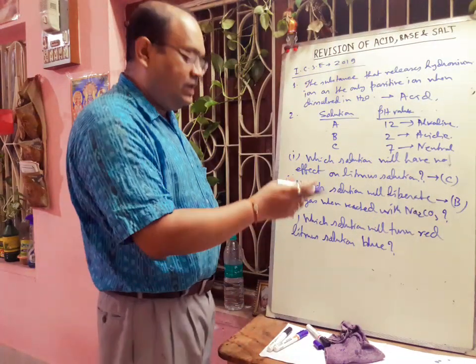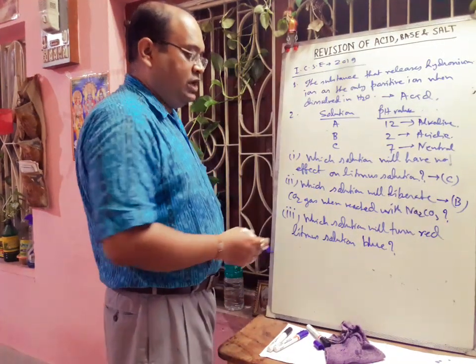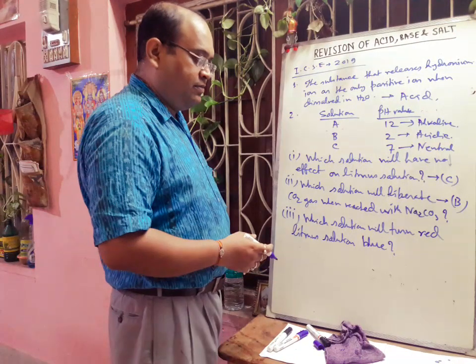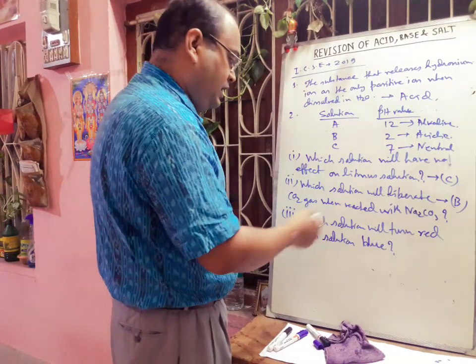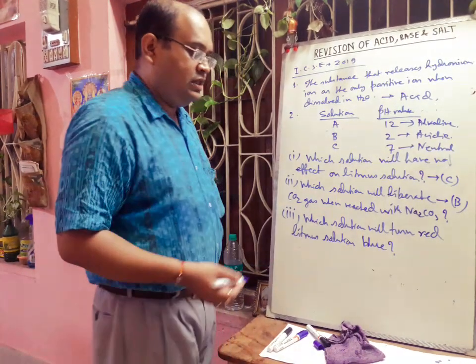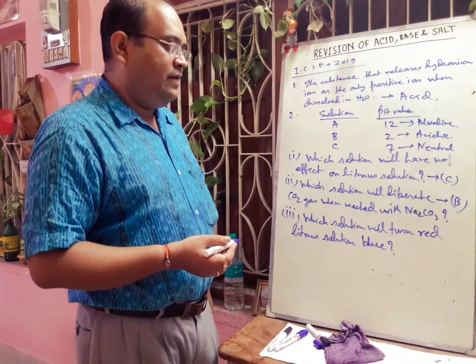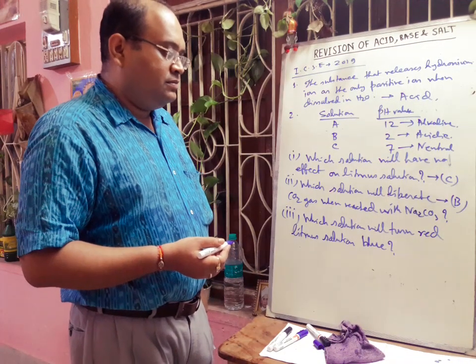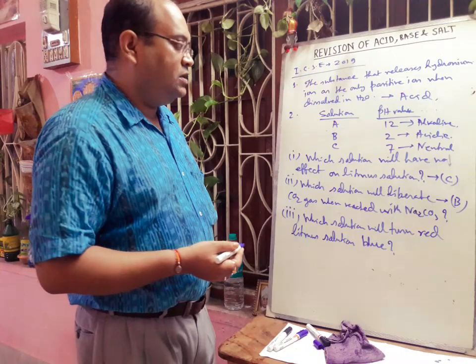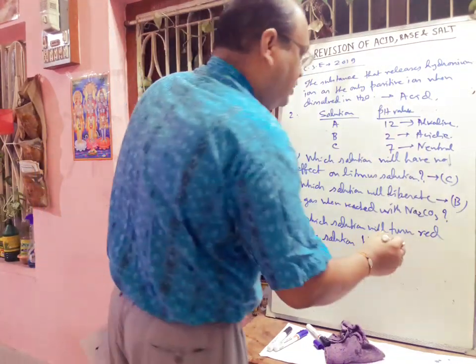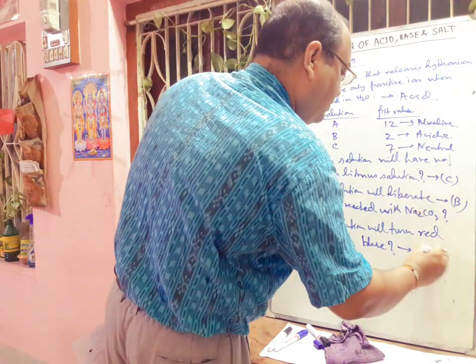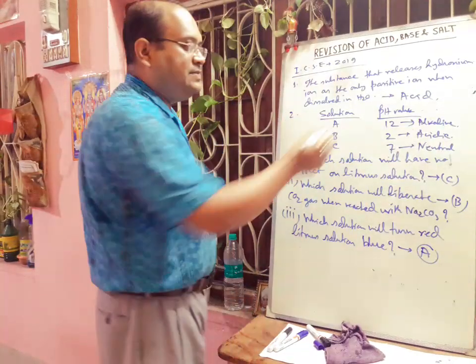And which solution will turn red litmus solution blue? That means it will be of basic nature. The answer will be A, as A is alkaline, pH value is 12.